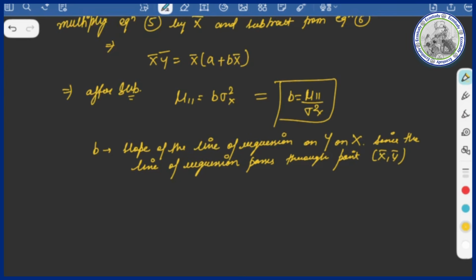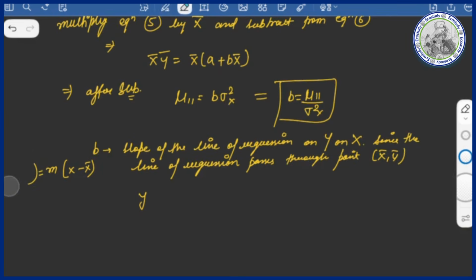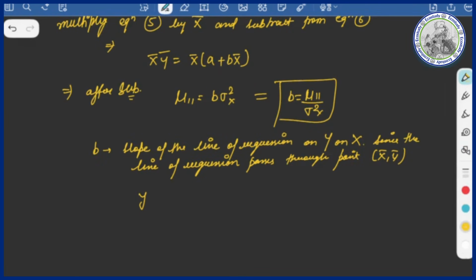Since the line passes through x bar, y bar, you know the line equation: y minus y bar is equal to m into x minus x bar, from the slope equation in class 12. I will use that because these are all basic concepts, just a little bit modified using the variance and correlations. y minus y bar is equal to beta times x minus x bar, that is the equation I am talking about.